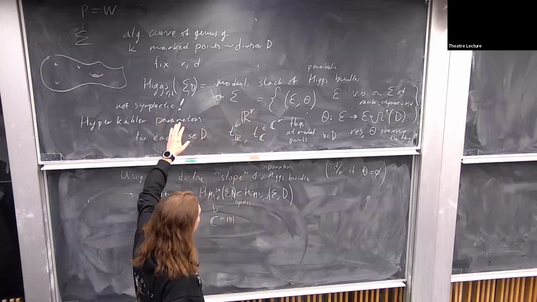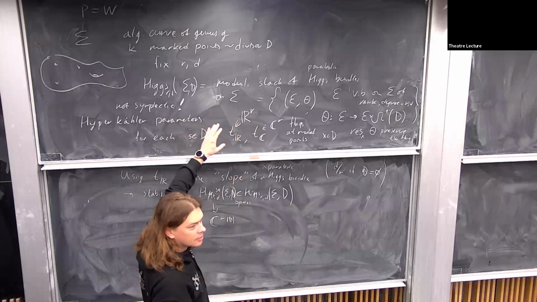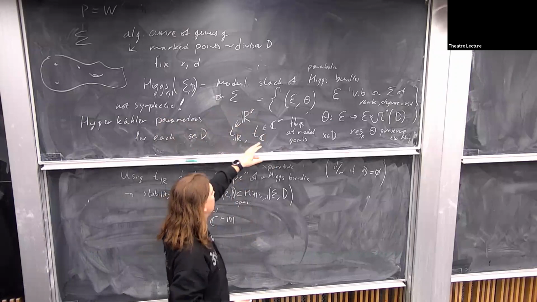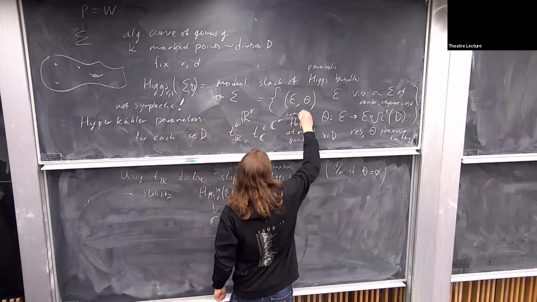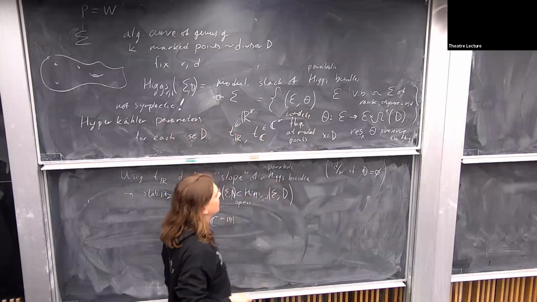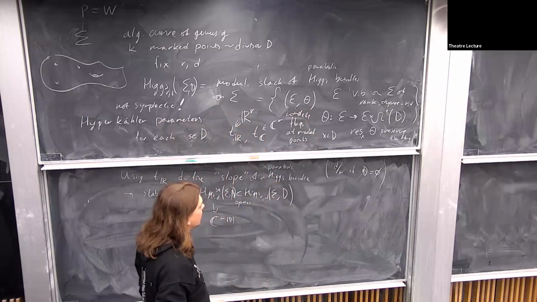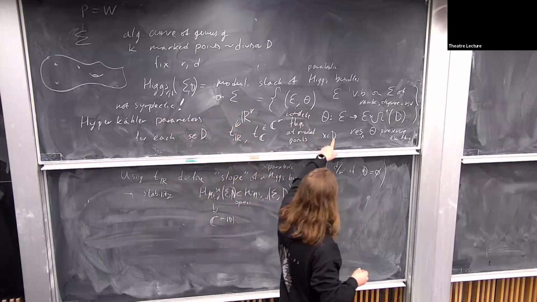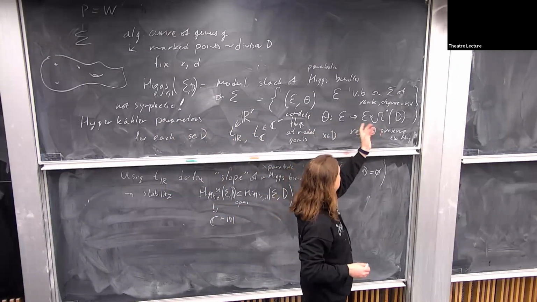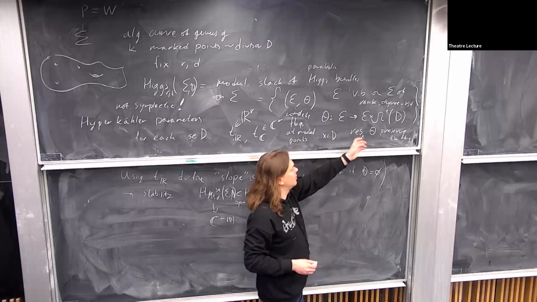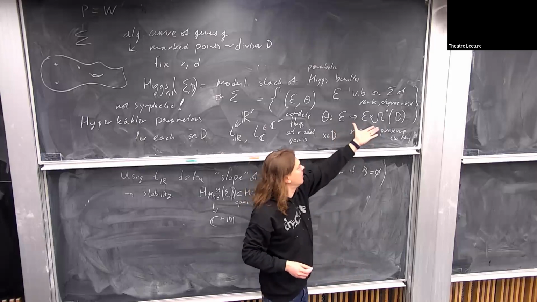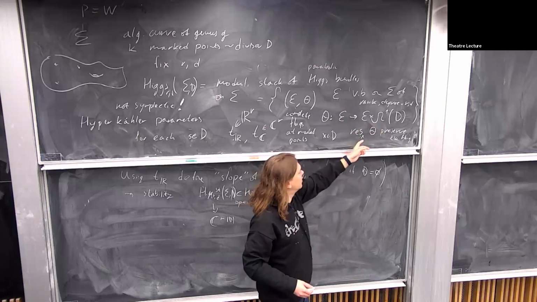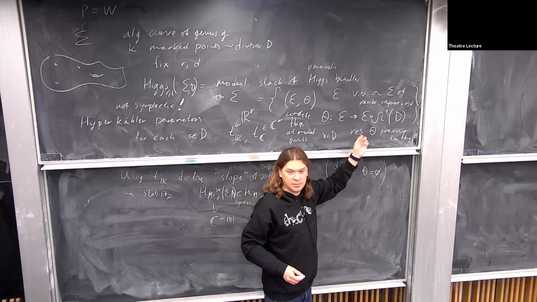Right. So parabolic means that the flag is partial. I work with complete flags, but you can of course complete flags in every puncture. And then the residue, since theta is a matrix-valued differential form with a simple pole at X, you can take the residue.